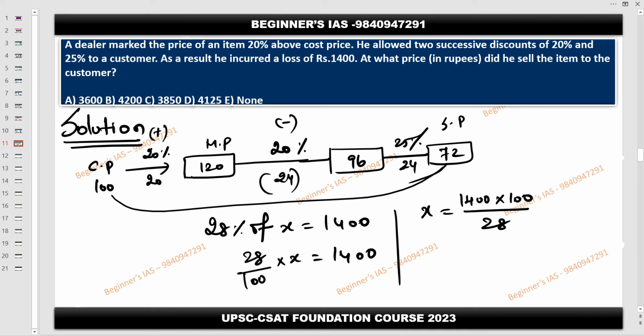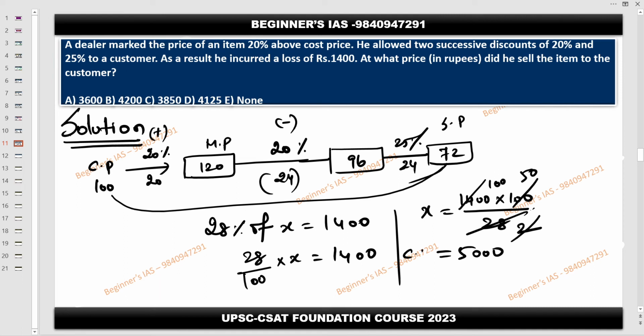Then how many times? 14 2s are 28. Here 2 times, then here 100 cancel means 50. 100 into 5 is nothing but 5000. So that is nothing but CP.